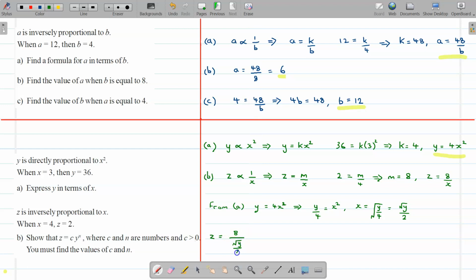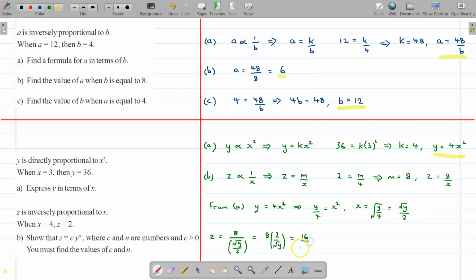And we have a fraction within a fraction. Now, when you divide by a fraction, you can multiply and turn the fraction upside down. So that's the same as 8 times 2 over root y. Now we're nearly there, because that is 16 over root y.